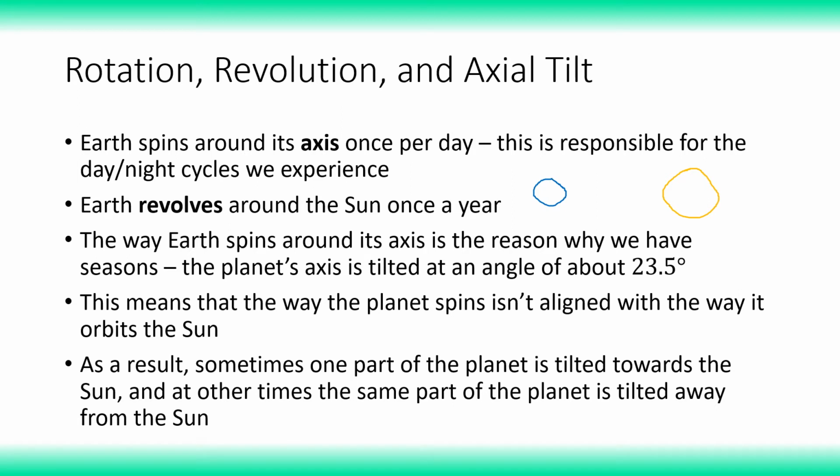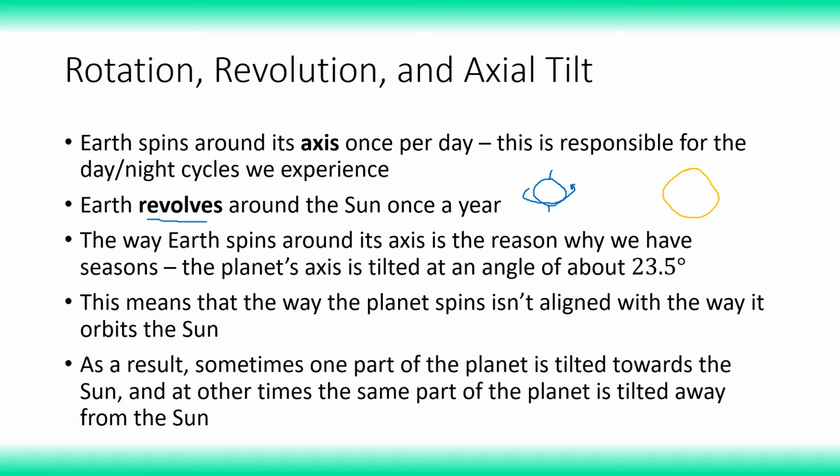This is not drawn to scale because the Earth is not that big in relation to the sun. But anyway, rotation is when the Earth spins around its own axis. This kind of spinning action is the Earth's rotation. It's rotation about its own axis. Revolution: Earth revolves around the sun once a year.